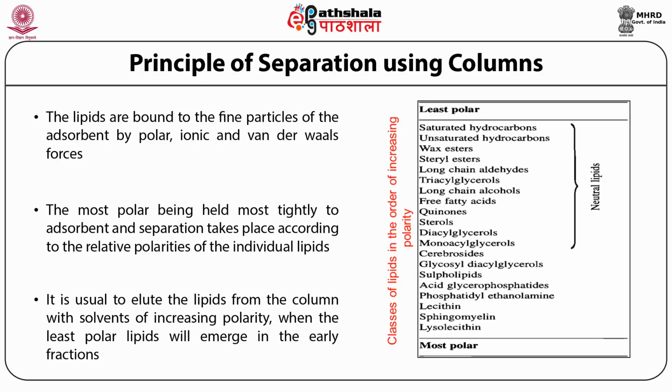So, how would these lipids be eluted out if they are tightly bound to the adsorbent? There is a mobile phase that is used in adsorption chromatography. In the case of HPLC or TLC, the mobile phase will consist of a solvent system that will be used in gradients of increasing polarity.